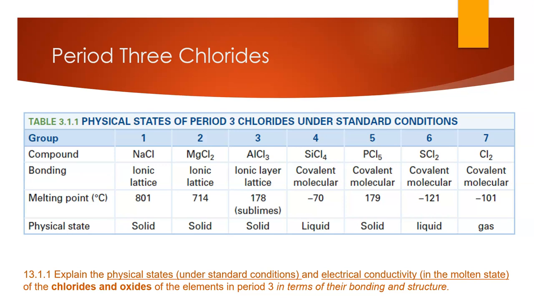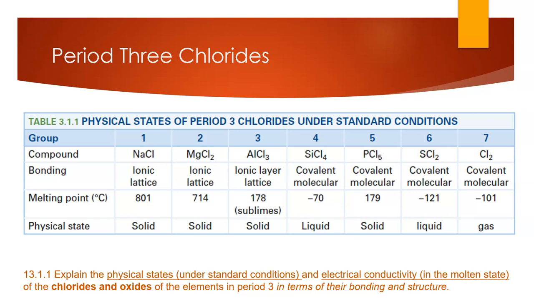As you can see here, our melting point and boiling point tends to decrease as we move across the period, starting with 801 with the strongest lattice enthalpy with sodium chloride, moving to 714 with the magnesium chloride, and then we have sublimation with AlCl3, so we don't actually get to the liquid, it goes straight from the solid to the gas.